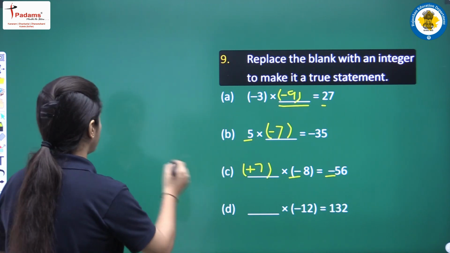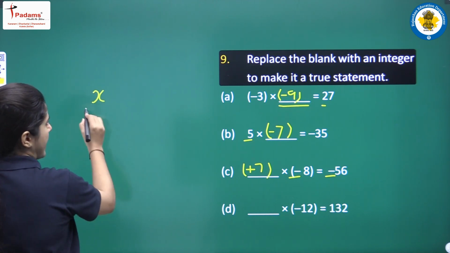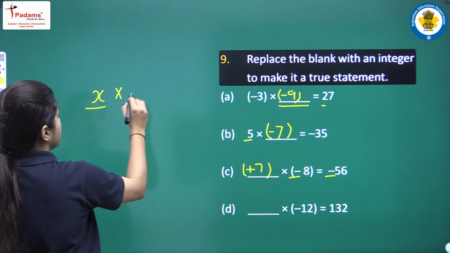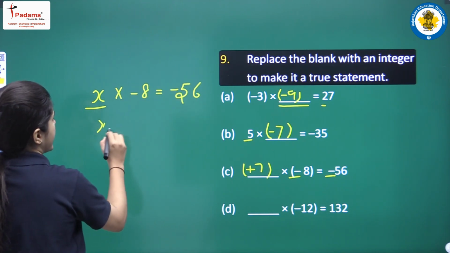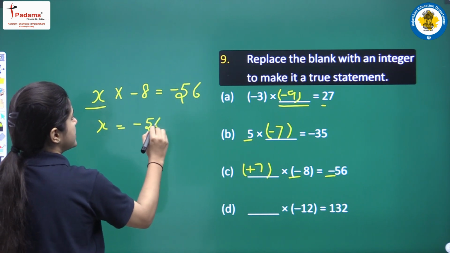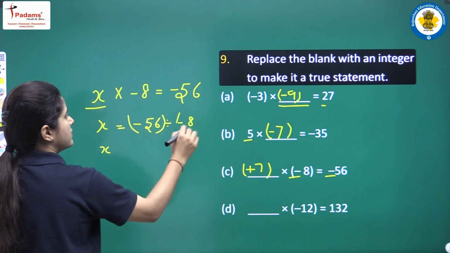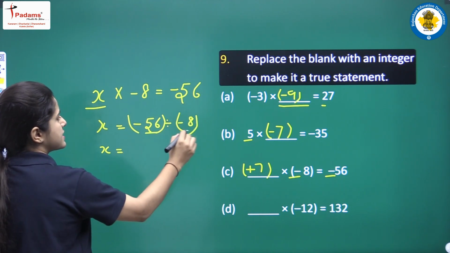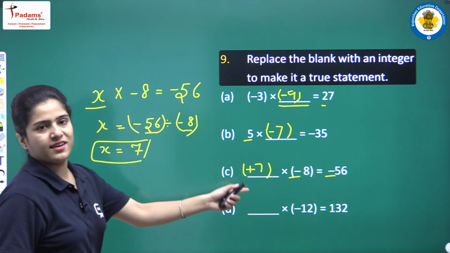So do this by variable method. We don't know this blank, so take it as x. x into minus 8 is equal to minus 56. So x is equal to minus 56 divided by minus 8, and 56 divided by 8 is equal to 7. Alright students, so this is 7.